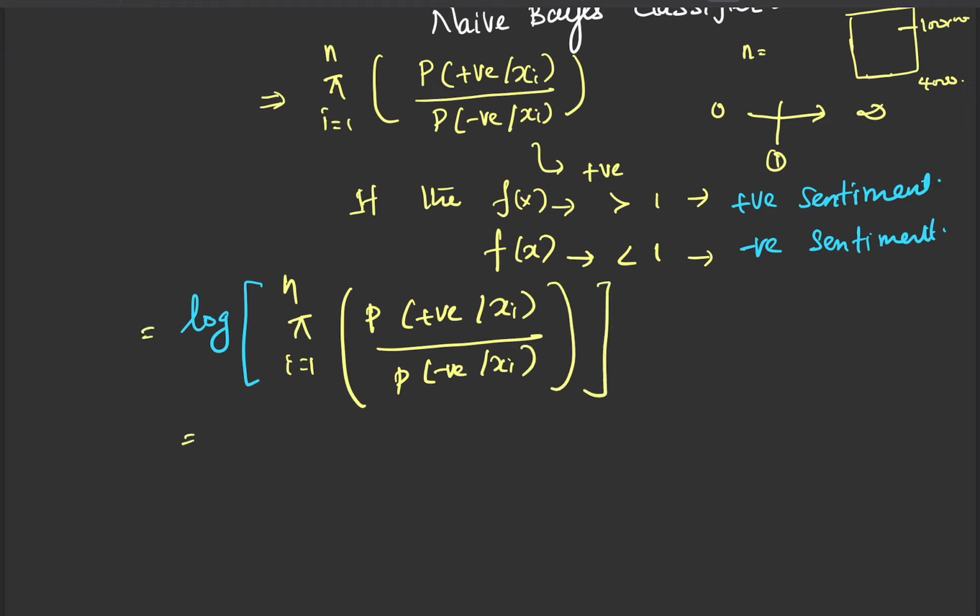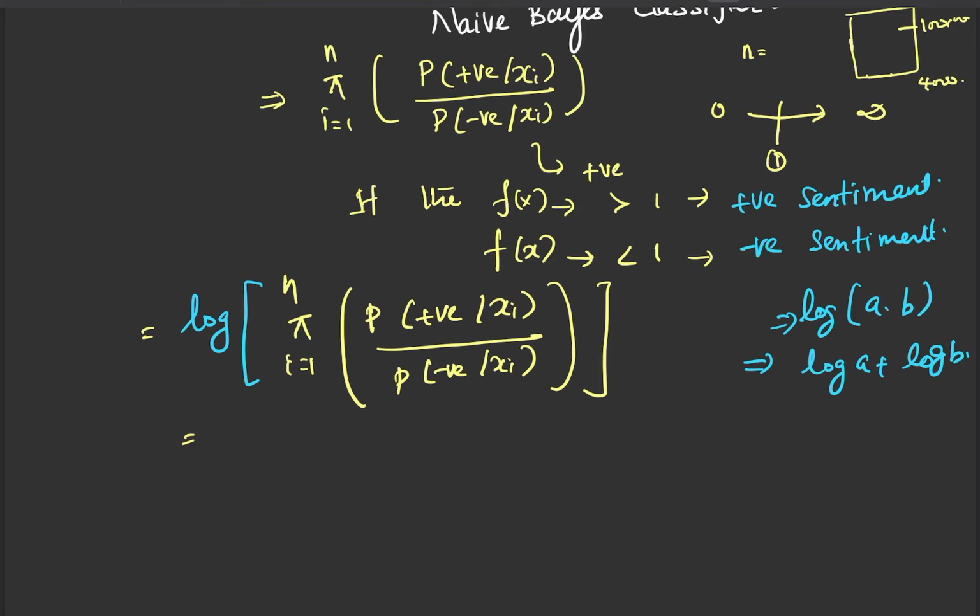How can we convert this formula? We know how to handle the log of multiplying two numbers. Log of a multiplied by b is equal to log of a plus log of b.